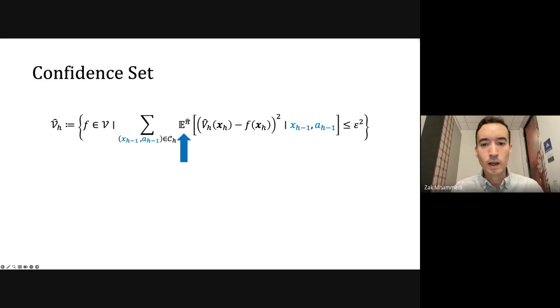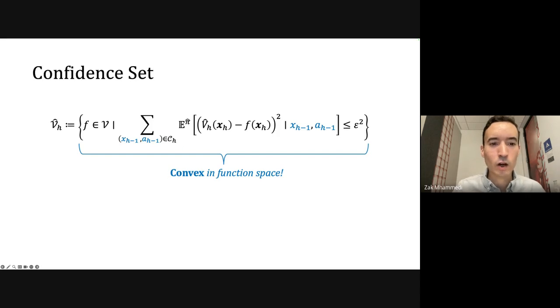In the actual algorithm, the conditional expectation is estimated using resets from xh-1 and ah-1. So to come back to the point from earlier, we do have the squares in the confidence set, but the difference is that we don't have the Bellman operator with the max over A that makes things non-convex.